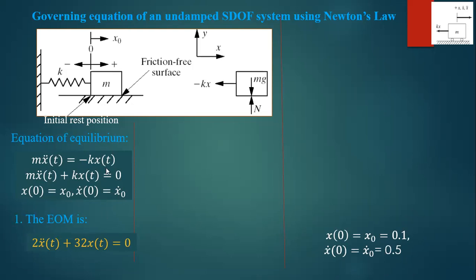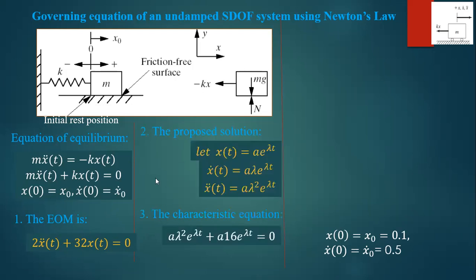Substituting the mass and the stiffness k, we have the equation of motion. The proposed solution for this case is to assume x of t equals A e to the lambda t, the exponential form of solution.